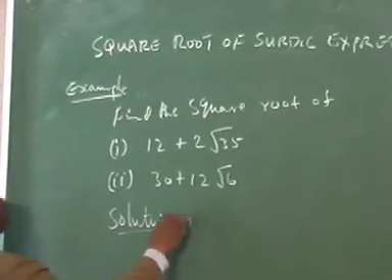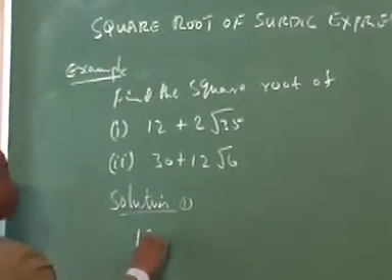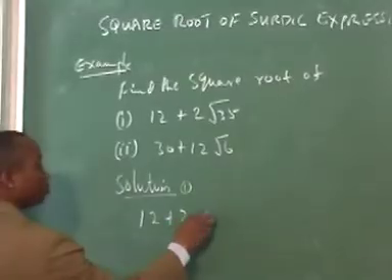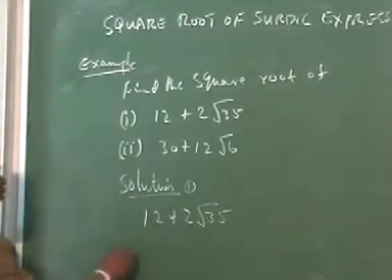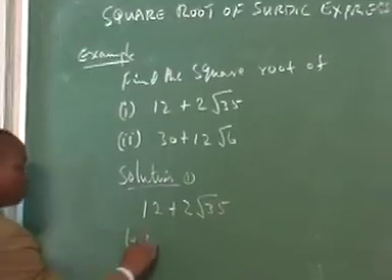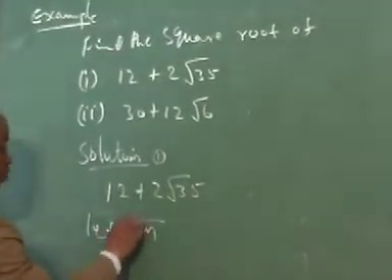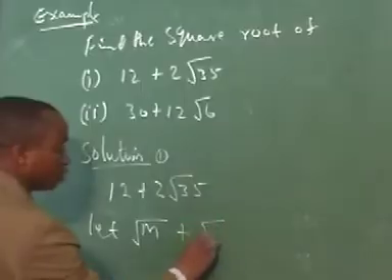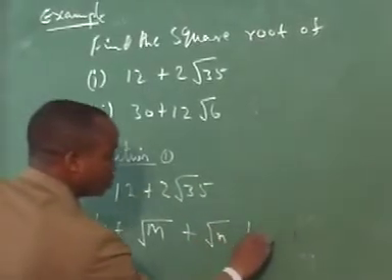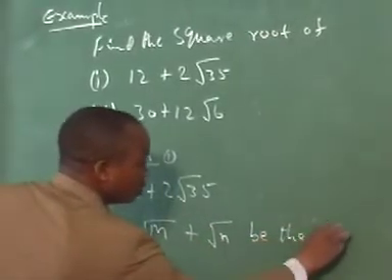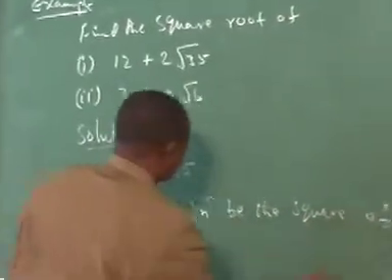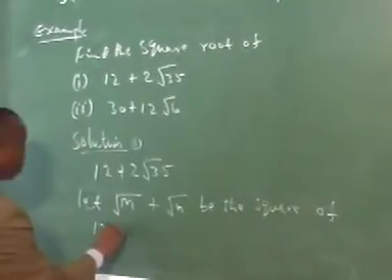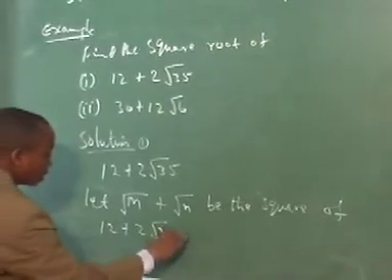For the first one, we have 12 plus 2 root 35. Now, let root m plus root n be the square root of 12 plus 2 root 35.